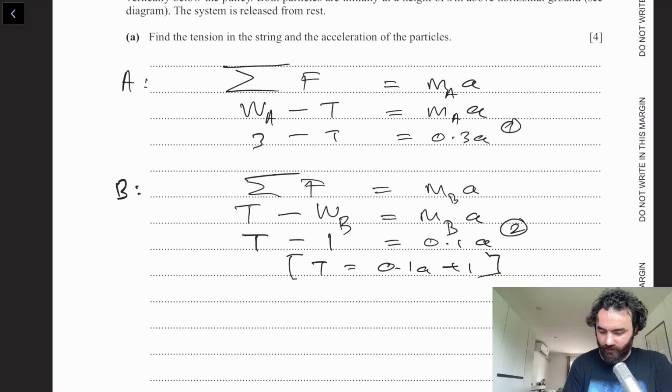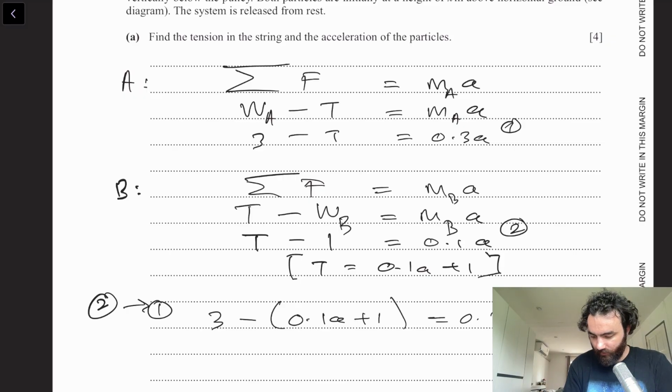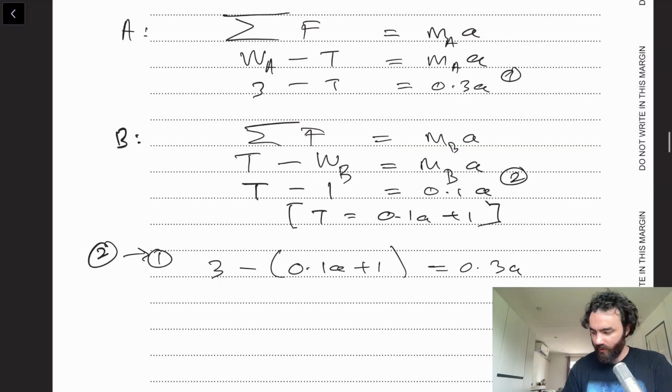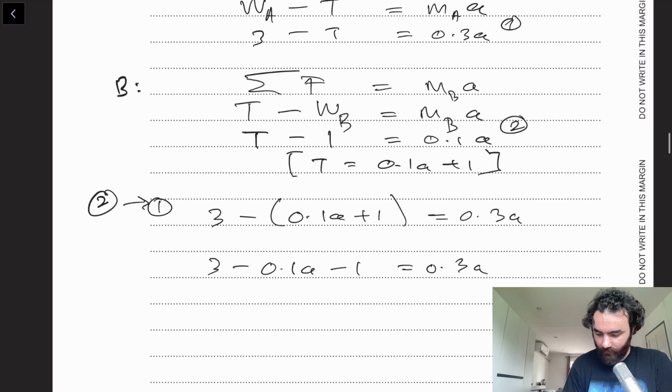So if you substitute equation 2 into equation 1, you get 3 minus 0.1A minus 1 equals 0.3A. 3 minus 1 is 2, and taking this over, you get 2 equals 0.4A.